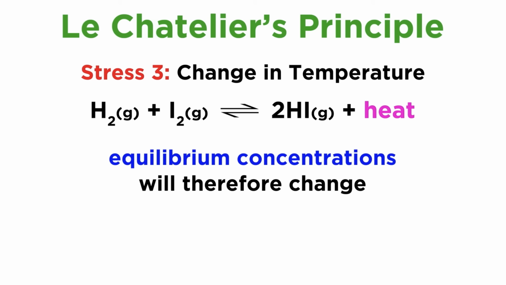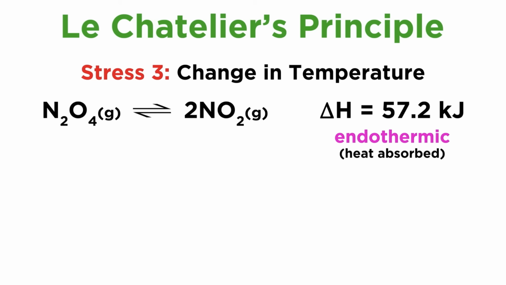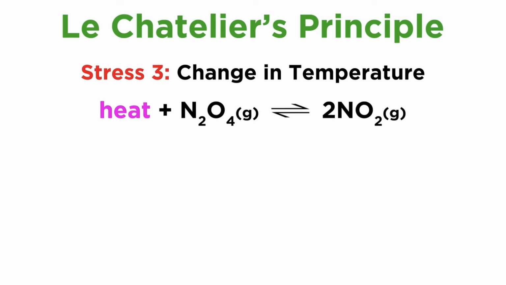Of course, the equilibrium concentrations will also change when the equilibrium shifts, so this must be taken into account, and we can describe the shift in equilibrium in terms of the increasing or decreasing concentrations of these substances as a result of the temperature change. Looking at one more example, the change in enthalpy for the forward reaction is positive, which makes it endothermic, which means heat can be treated as a reactant, since heat must be absorbed for the reaction to occur.